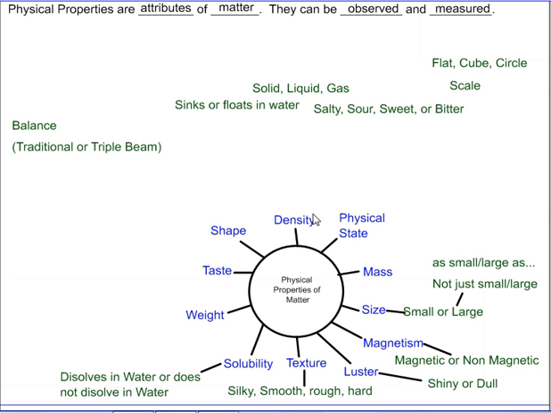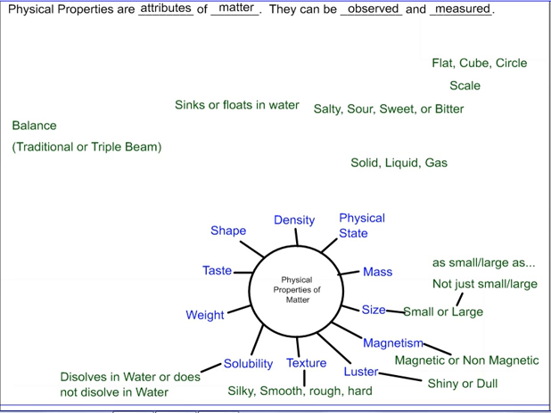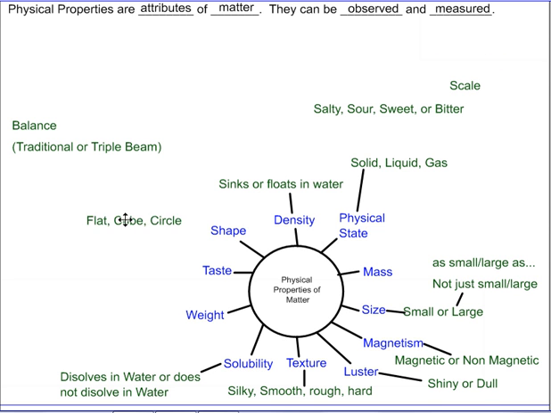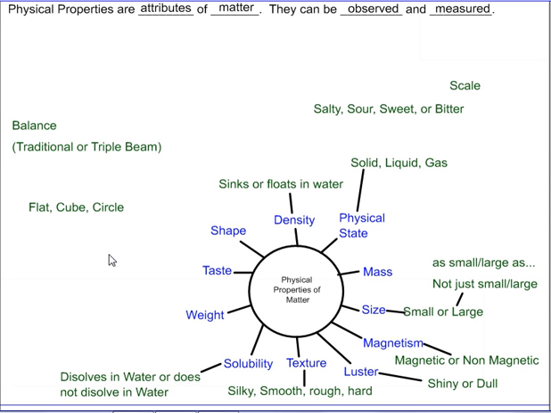All right, mass. We're going to come back to mass. Let's talk about physical state. Physical state is solid, liquid, or gas. Density sinks or floats in water. Shape, you can talk about something that is flat or something that is cube shape or circular shape or sphere shape.